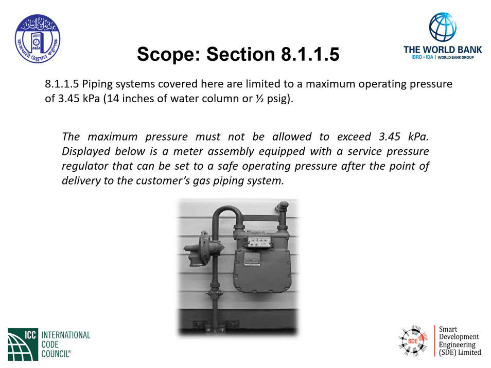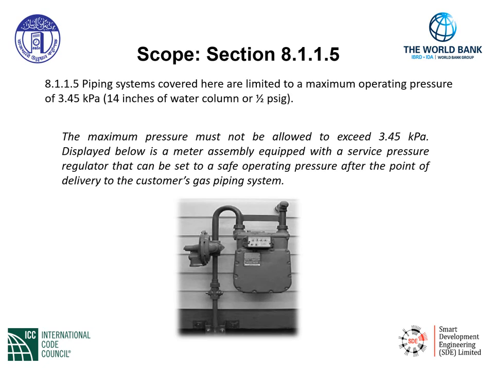This section in particular gives us further detail. And as you can see, when we step through these sections in the scope, we have more and more details about the system. So section 8.1.1.5 gives us this requirement.